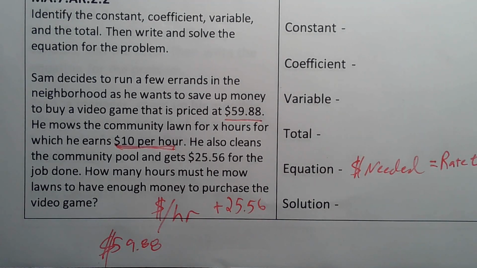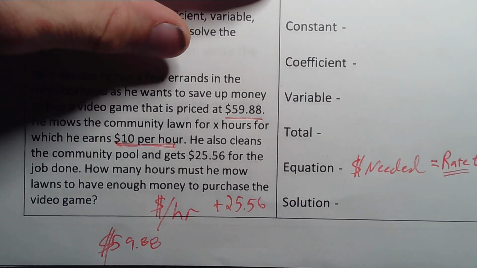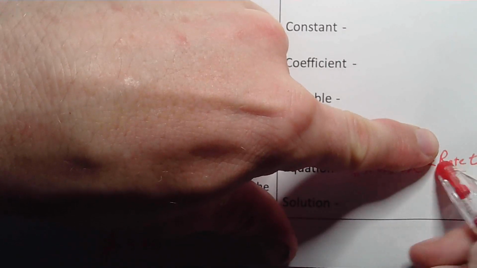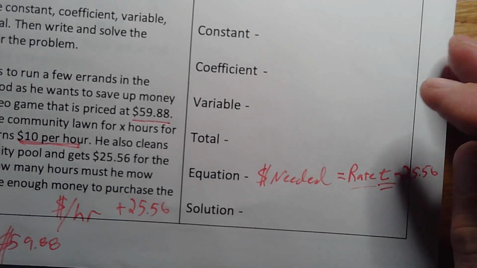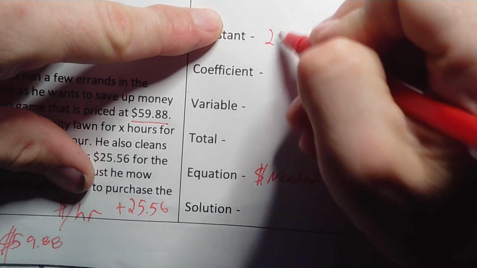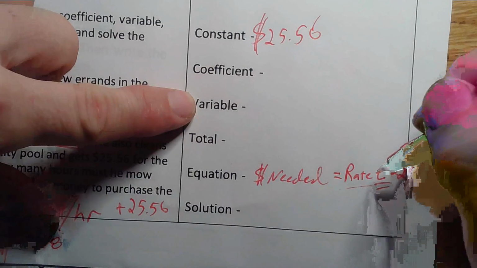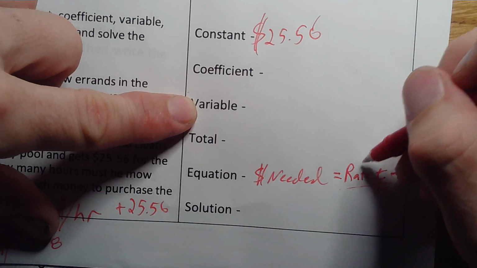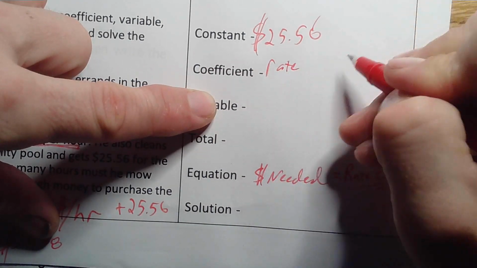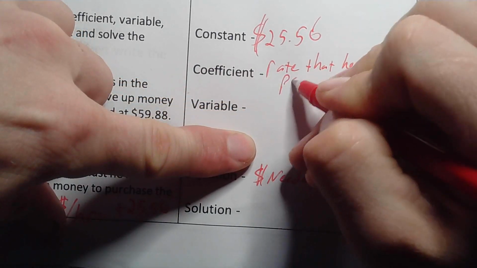Okay, so we're trying to figure out the rate. No, we're trying to figure out the time. So what is the constant? The constant is the $25.56 for cleaning the pool. The coefficient is going to be the rate that he gets paid.